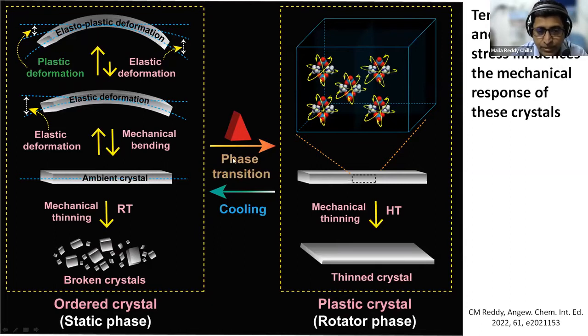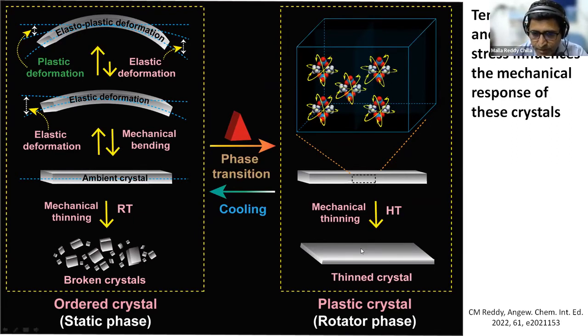Then when you heat them above a certain temperature, you see molecular motions in the crystals, and you go to a dynamically disordered phase, the plastic crystalline phase. There, if you try to bend these crystals, they are beautifully plastic. And when you compress these crystals, they become a thin sheet.